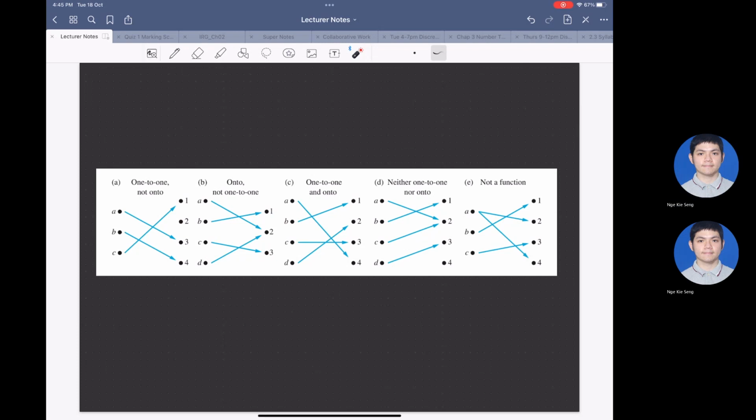One-to-one and onto, so one-to-one, and every element gets a pre-image. Neither one-to-one nor onto, so two get sent to the same, and one doesn't have an image. Not a function. Yeah, this one is a bit unfortunate because you send A to different places. So one number you only get sent once.